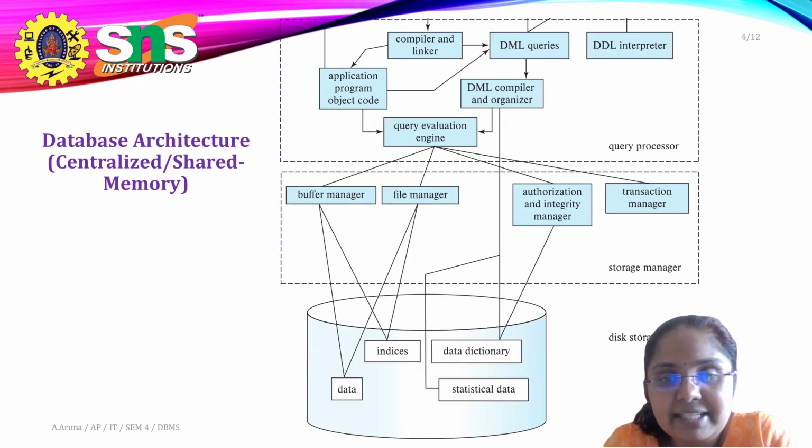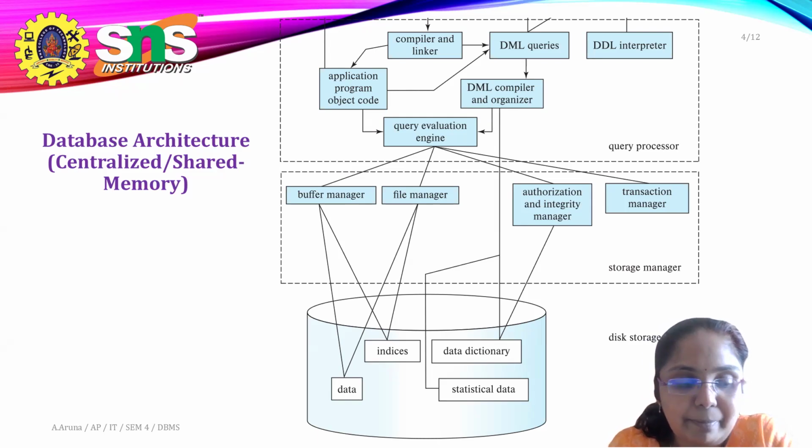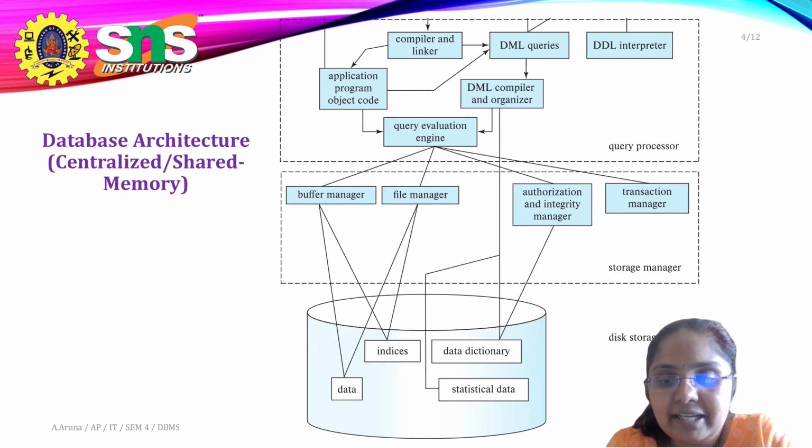It can be centralized or shared memory. So you have 3 stages: one is disk storage, storage manager, and query processor. Query processor deals only with the query evaluation engine. Through that only it can work. In your storage manager, you have different types of managers: transaction manager, authorization and integrity manager, file manager, buffer manager. These act intermediately for clearing the queries. The next thing is the query evaluation engine.